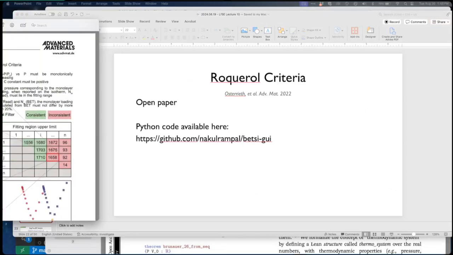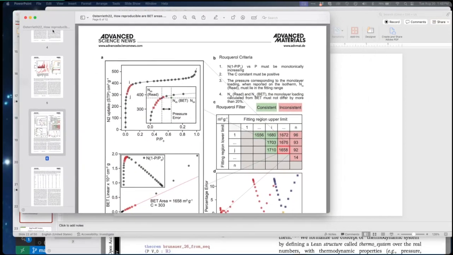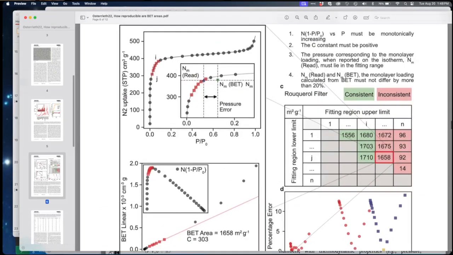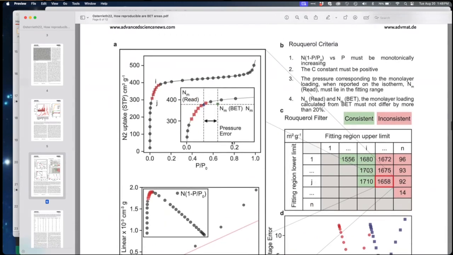But Betsy, basically, and this is their paper. And to illustrate the crux of where different answers come from is to illustrate the workflow of applying the algorithm.